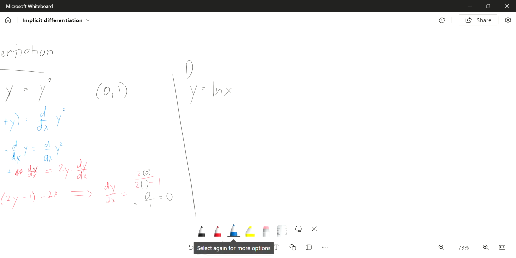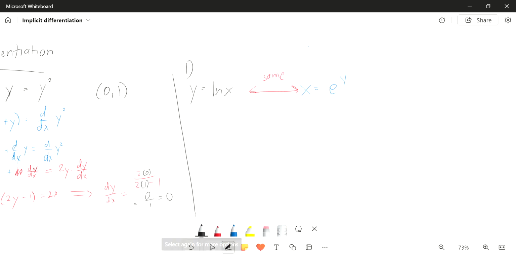If ln is the inverse of e to the power of x, that means x is equal to e to the power of y, because its inverse is y is equal to e to the x. So basically these two functions are the exact same thing.